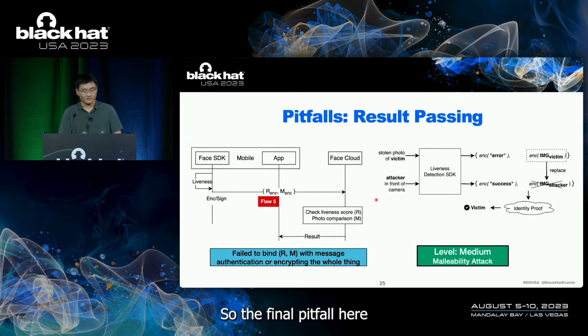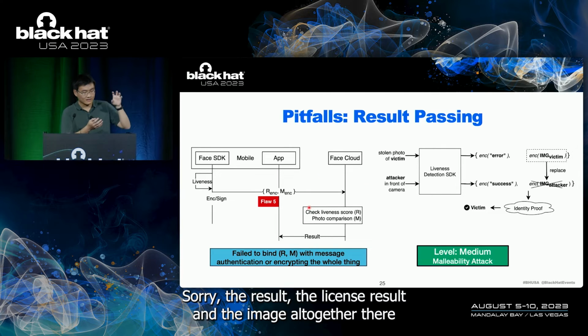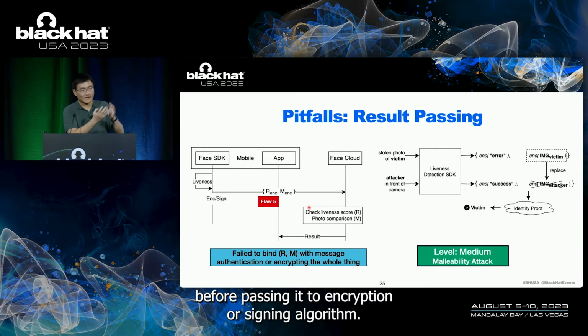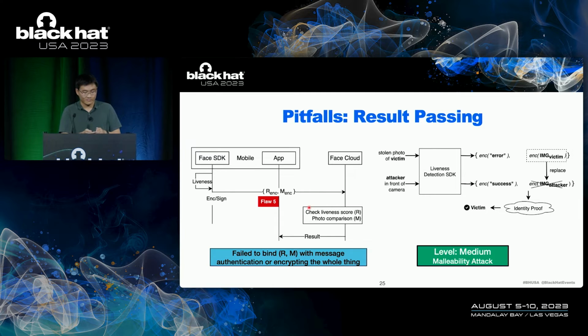The final pitfall here also falls in this result passing phase. The secure way for an SDK to encrypt is to first bind the liveness result and the image all together before passing it to an encryption or signing algorithm.